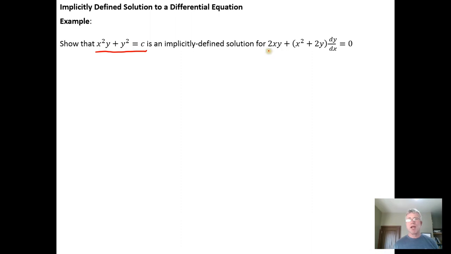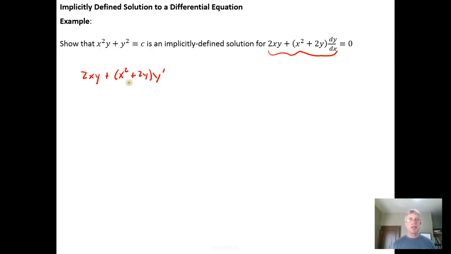So I'm going to start by writing down the left hand side of this differential equation. It's 2xy plus x squared plus 2y times dy dx, which is the same as y prime. And then I'm going to go ahead and find the derivative y prime and replace y prime with the derivative.